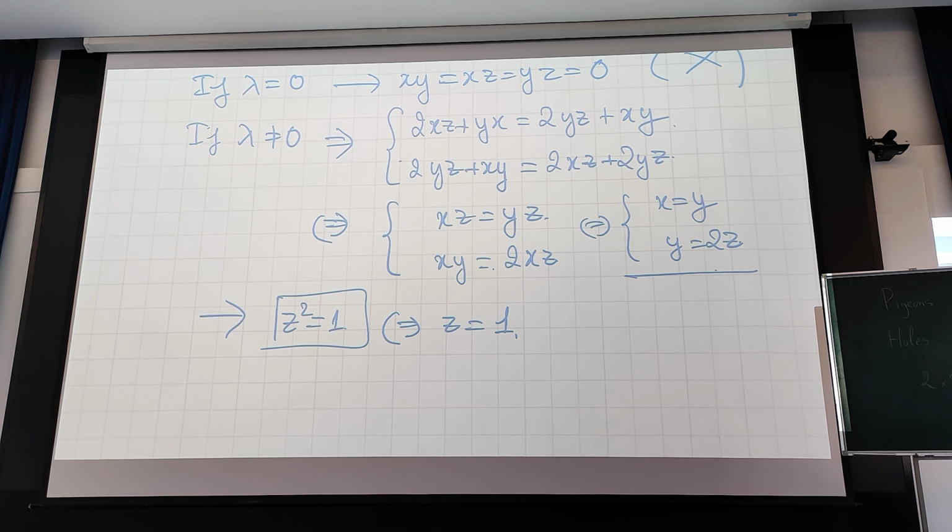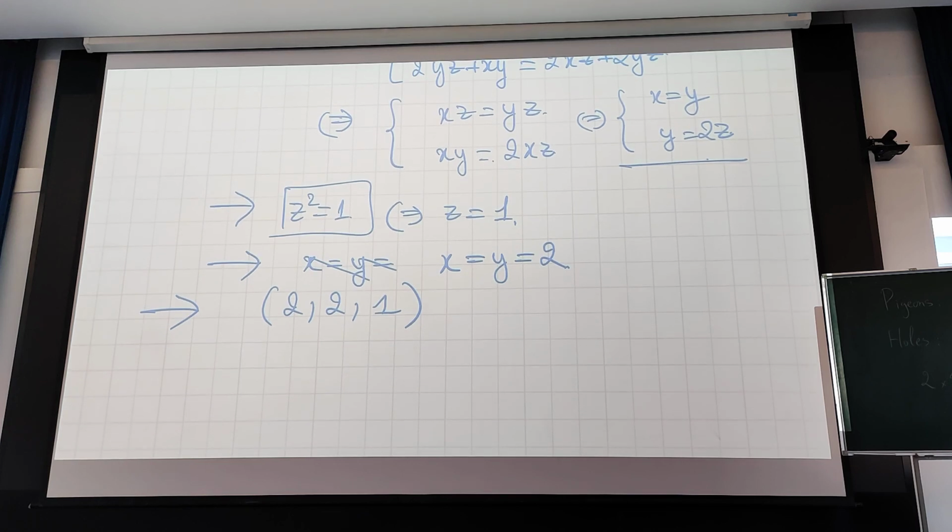So let's come back to find x and y. You have x equal to y and equal to 2. That means from the first step we only find 1 point. This one, right? So if we want to do the second step, remember that we need to compare the value of f at the points we get from the first step, right?